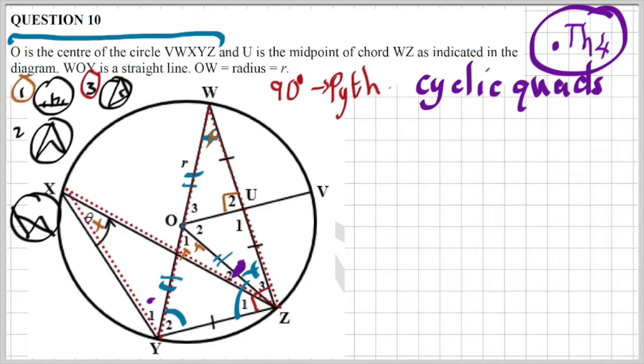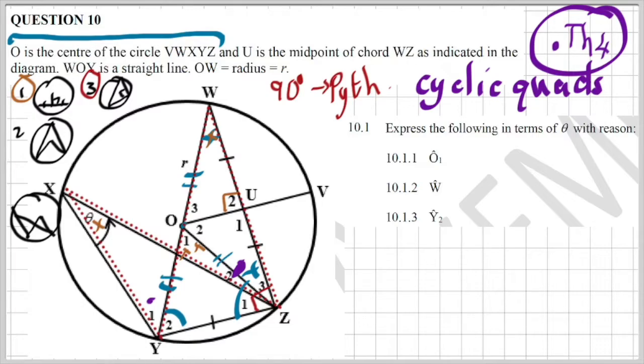So let's have a look at question 10.1. It says there, first of all, express angle O1 in terms of theta. But that's simple, because O1 is 2 times angle X, which is 2 times theta. Angle at center is 2 times angle at circumference.